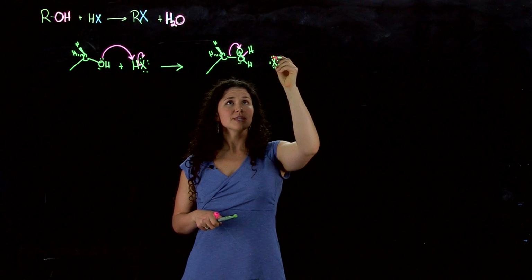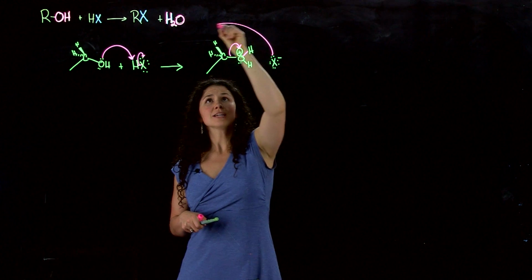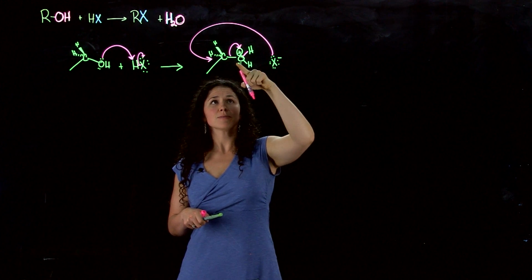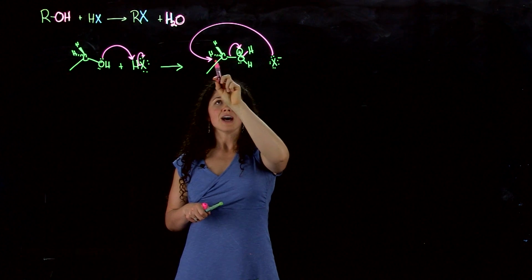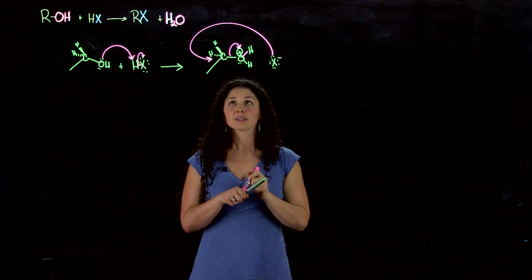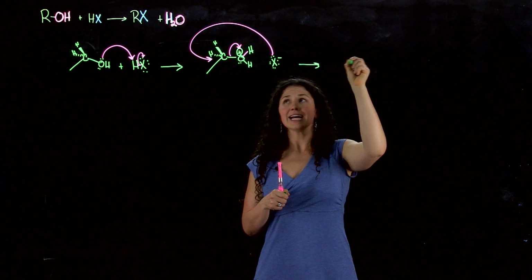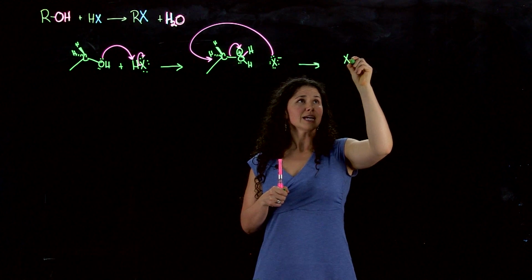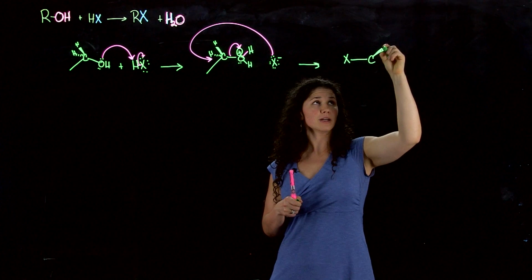So as this bond here is breaking, this halide comes in from 180 degrees away from the water, and it replaces the water bond by backside attack. So your halide is coming in from the back, it's going to invert the stereochemistry around the carbon.